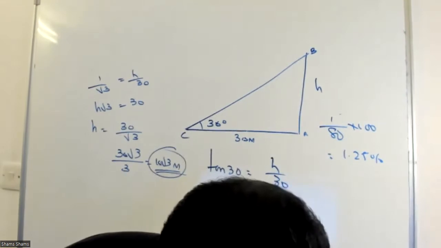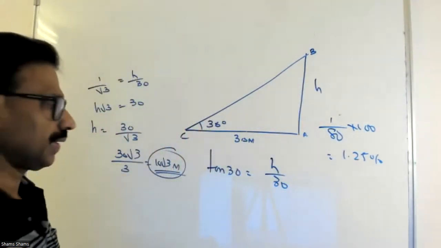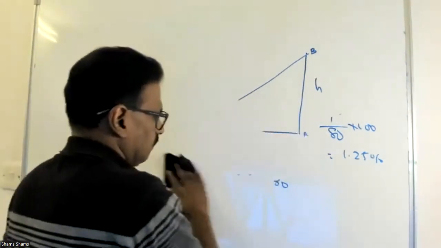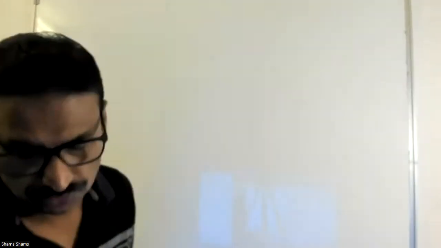A tree 12-meter height is broken by the wind in such a way that its top touches the ground and makes an angle 60 with the ground.